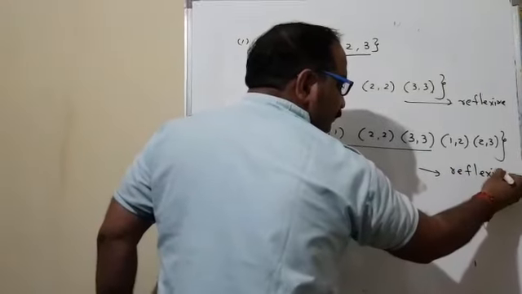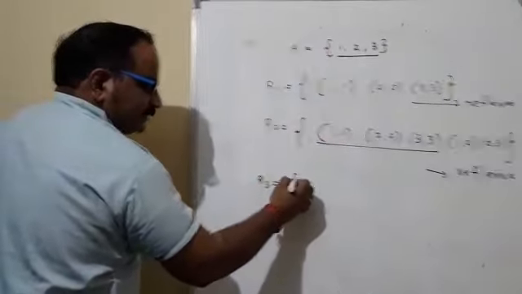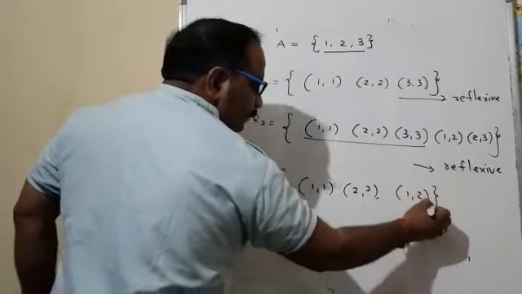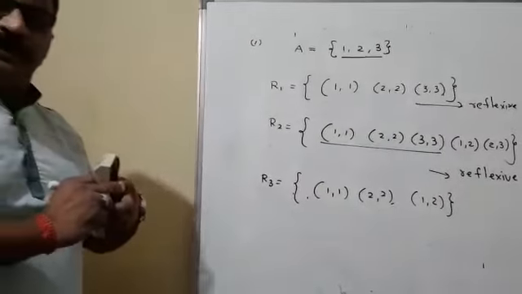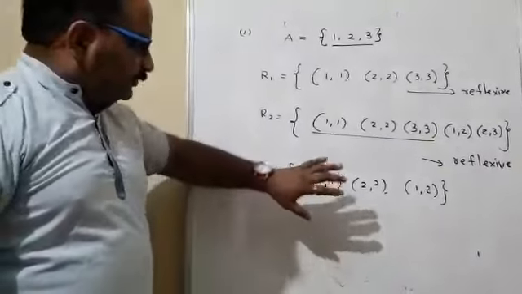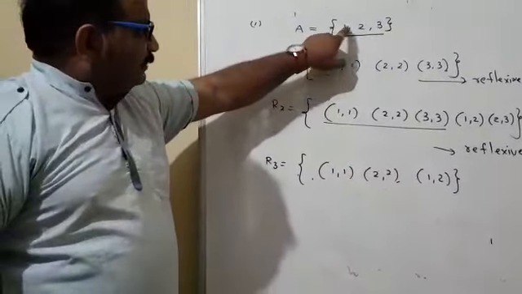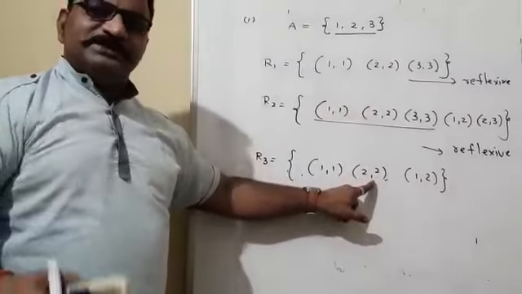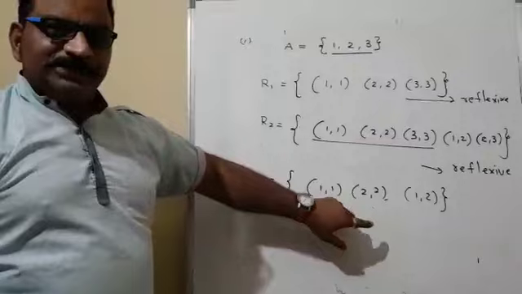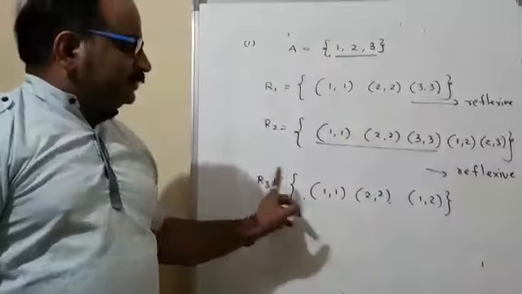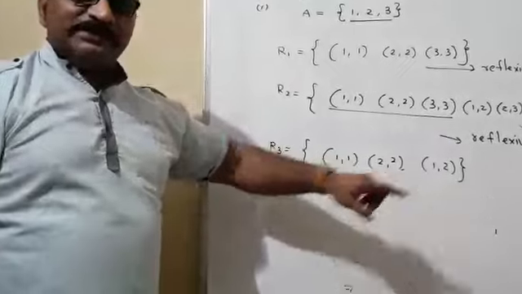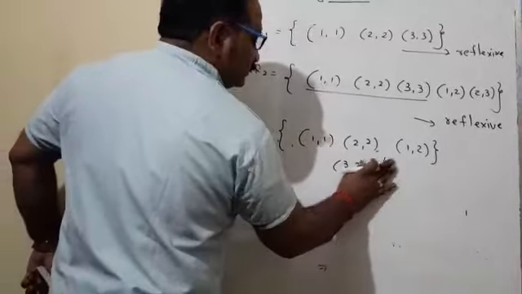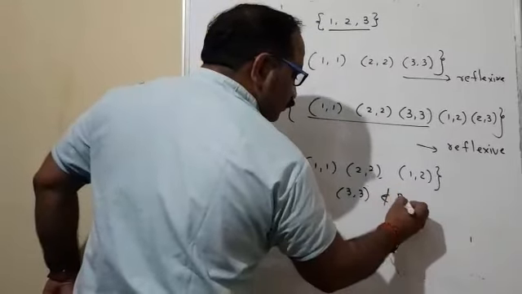So that is again an example of reflexive relation. Say another example, I am quoting that it is R3. The example is (1,1), (2,2), (1,2). That is another relation R3, and our job is to find out whether it is reflexive or not. So what do we do? Now we have to check whether these three elements 1, 2, 3 have the relation with themselves or not. (1,1) is there, (2,2) is there, but (3,3) is missing. That is not a part of this relation, and due to that R3 will not be treated as a reflexive relation. (3,3) does not belong to R3.